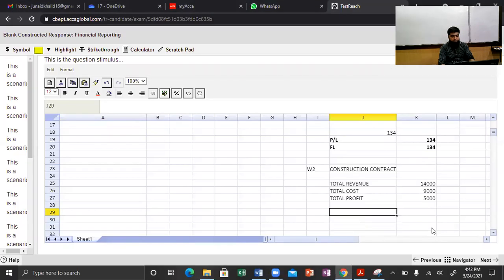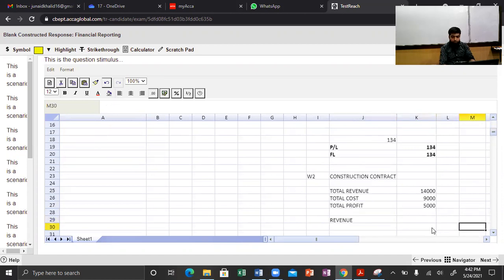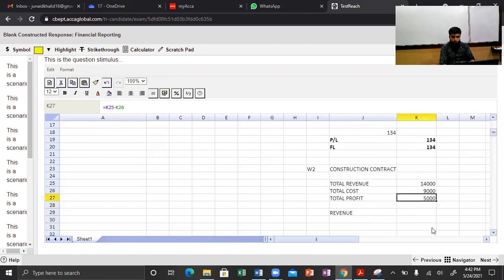So 40% of the contract is completed. So the revenue which we are going to account for in the P&L is 40% of the total revenue. So 14,000, and we calculate the 40%, that is 5,600.